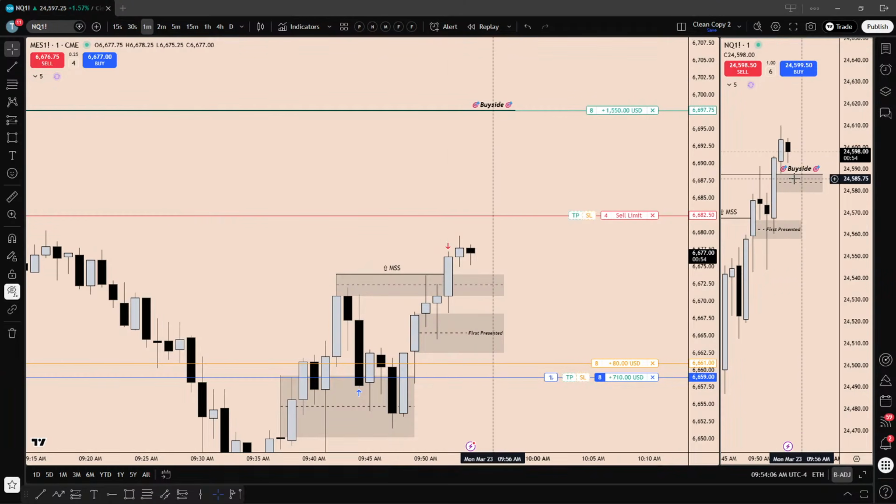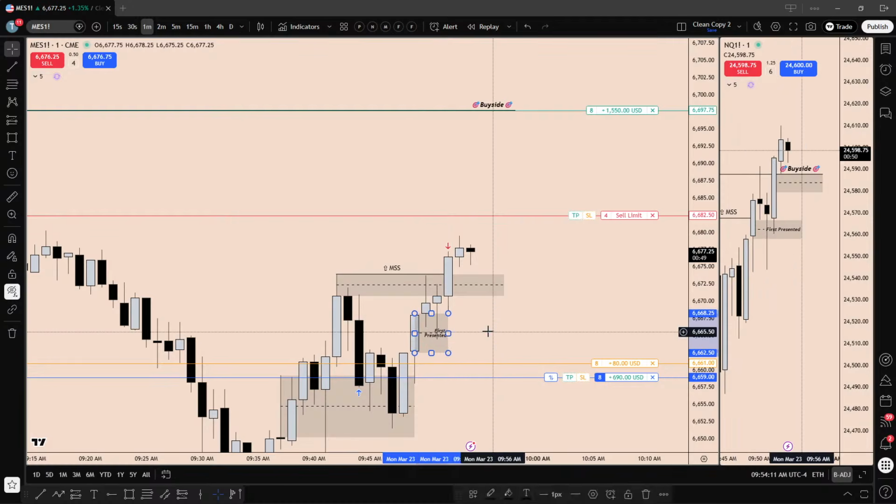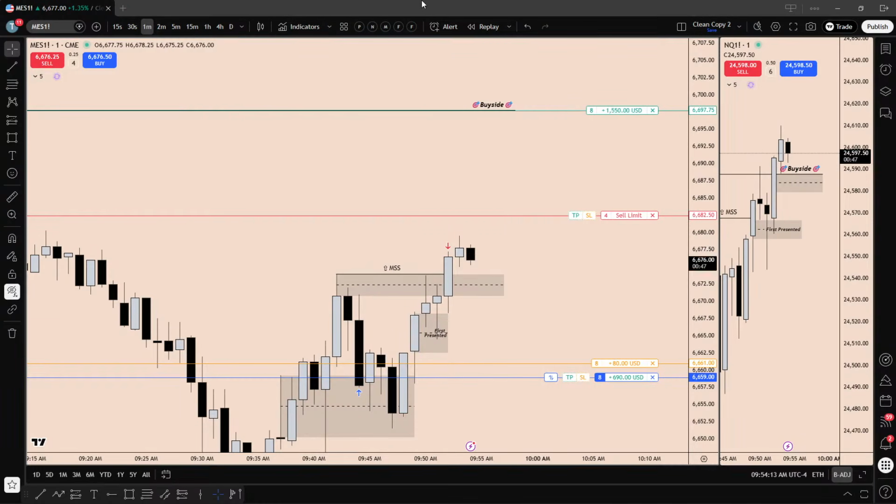If we do come into it, though, it should hold. That's new day opening gap, so that should hold as well, like that.